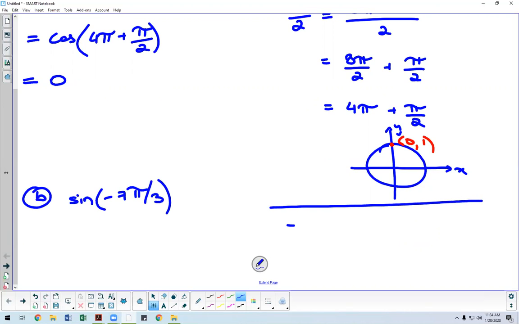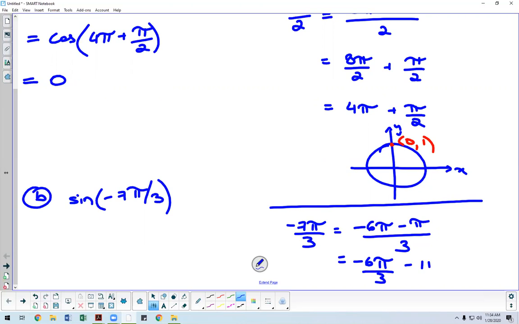It's one rotation, so 2 pi. So basically, you can break this down into negative 6 pi over 3 and negative 1 pi over 3, right? And then negative 6 pi over 3 is going to give us negative 2 pi, right?